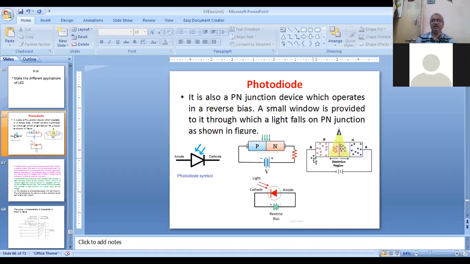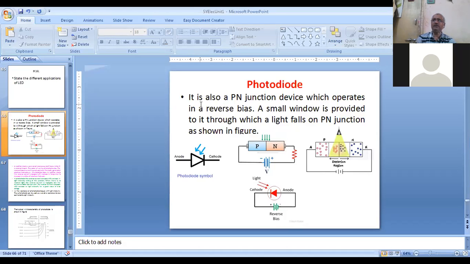The Zener diode also operates in reverse bias, but it operates beyond the breakdown voltage. A photodiode operates in reverse bias but below the breakdown voltage.